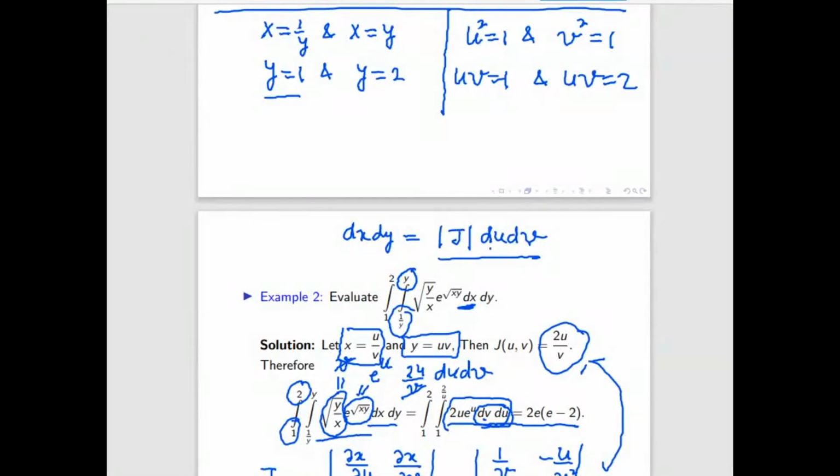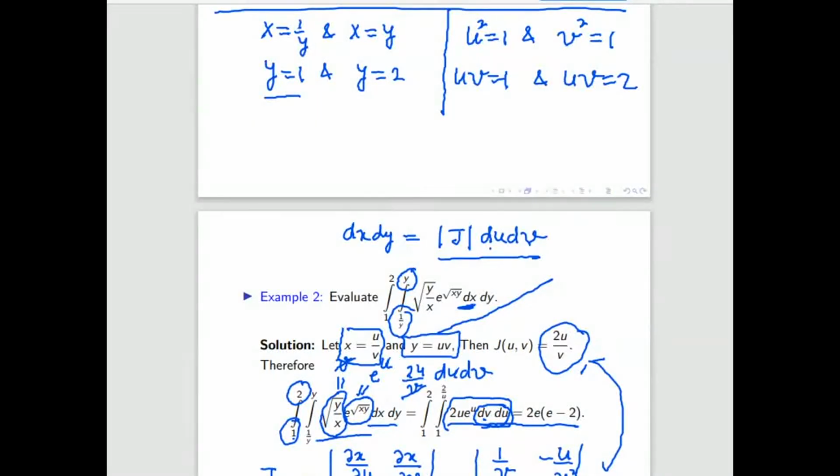So here from this formula, y equal to uv is written. That means y value from 1 to 2. So y cannot be negative value, and product of u and v is always positive. So here u and v can be positive or negative. But with this equation, x is also positive, so u and v both can be either positive or either negative.